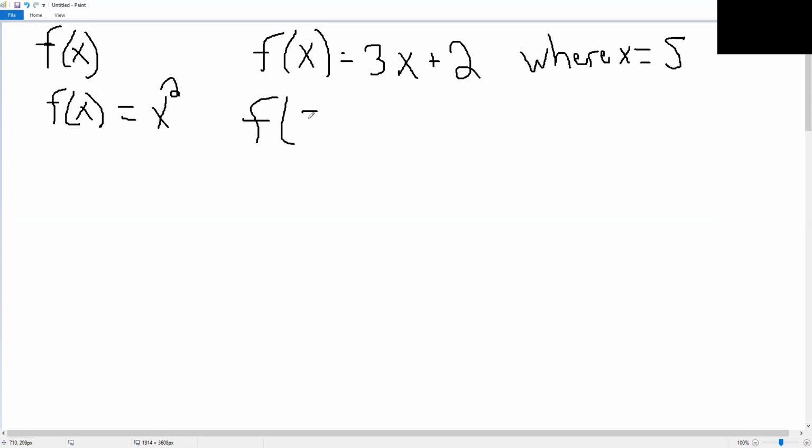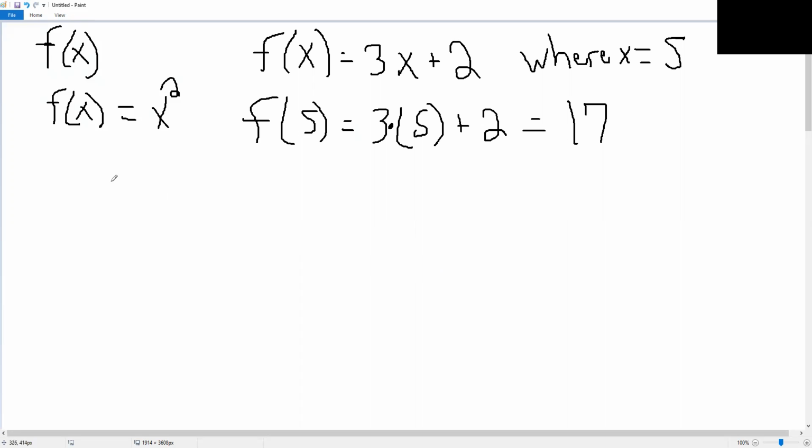So you would say f of 5 equals 3 times 5 plus 2. And this would be what? 3 times 5 is 15 plus 2 is equal to 17. Okay, and if you need to step that out, this is multiplication. 3 times 5 is 15. And then plus 2 is 17.